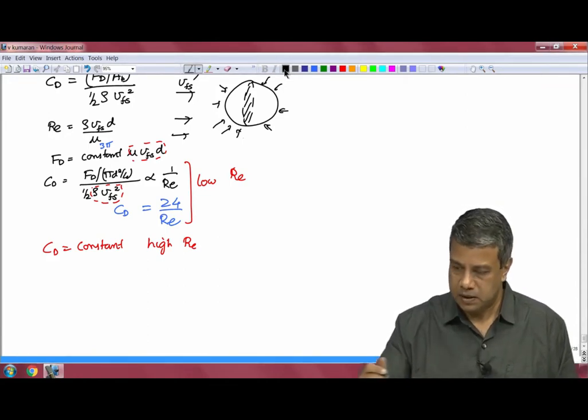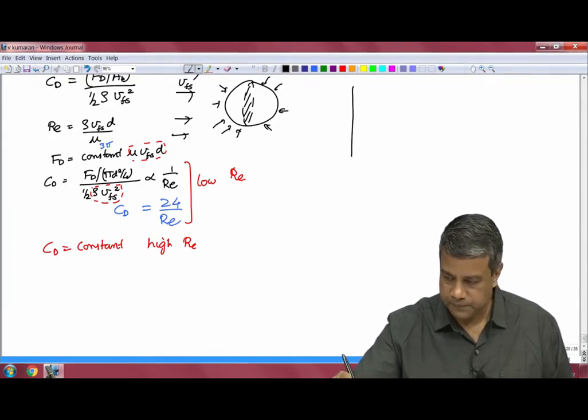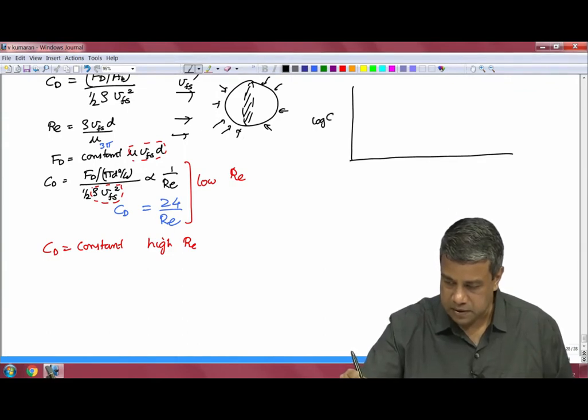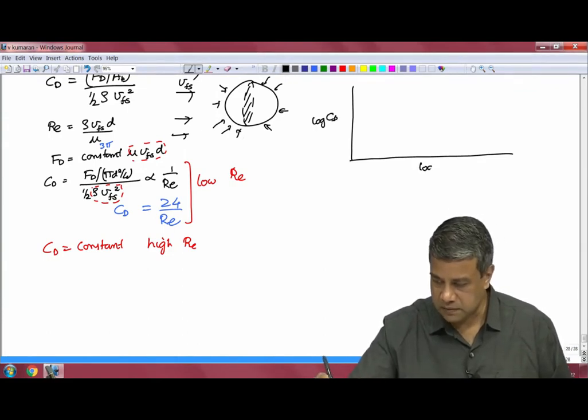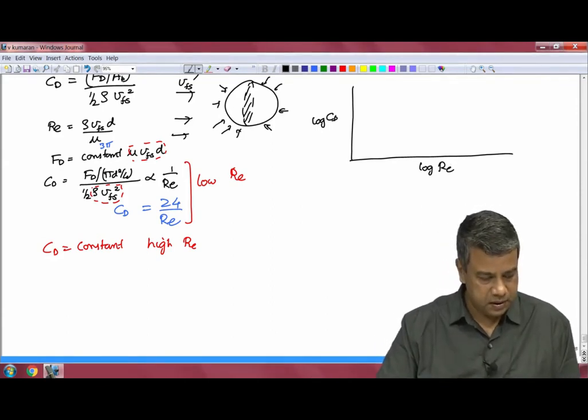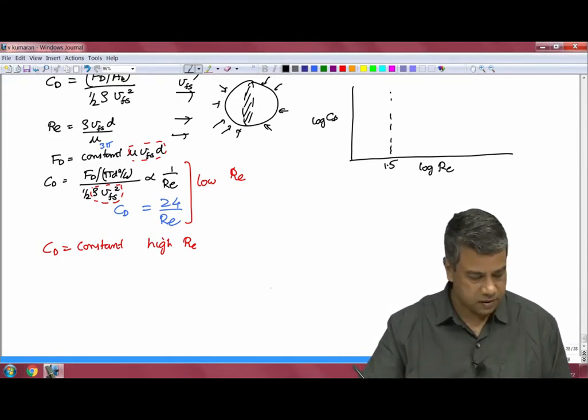So, if I plot once again the log of the drag coefficient versus the log of the Reynolds number, in a log-log plot, I can have various limits here. This is about 1.5, say, Reynolds number.